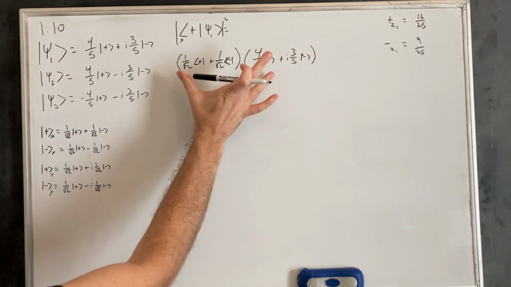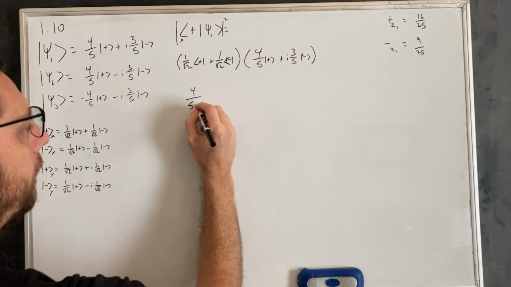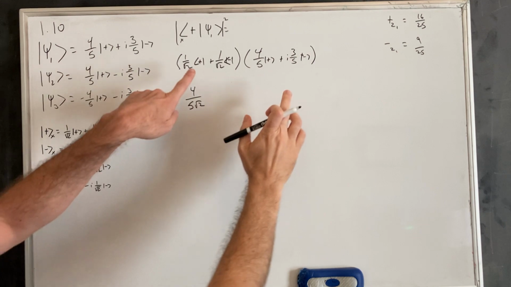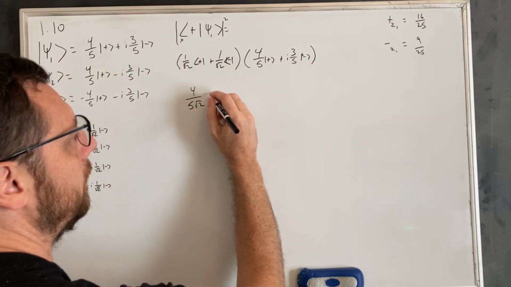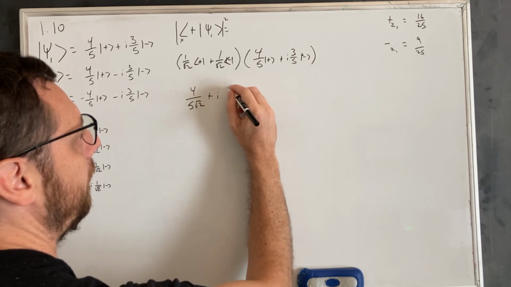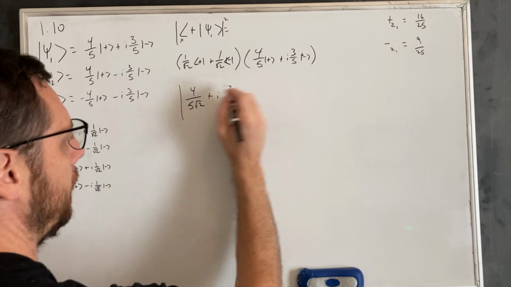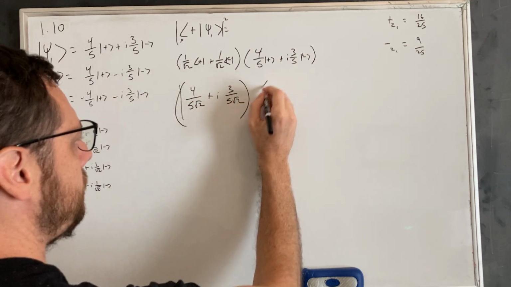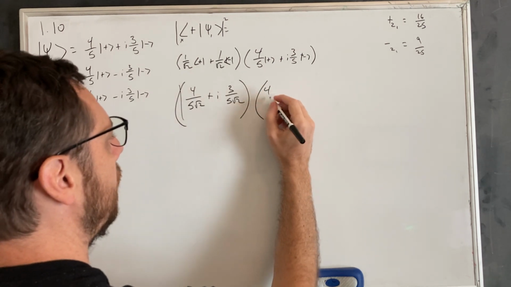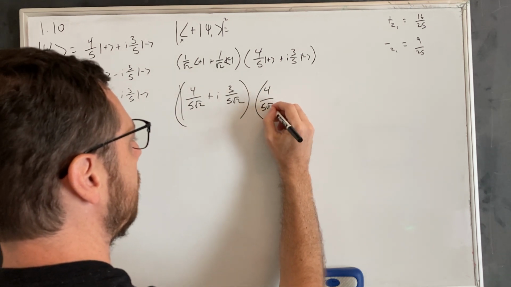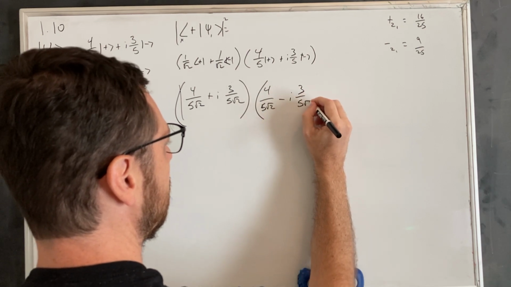All right, so we got a plus and a plus. So let's do 4 over 5 root 2. Plus and minus cancel, minus plus cancel, minus minus we keep. And it's going to be plus i 3 over 5 root 2. Again, we're going to square this, so that's going to be multiplied by its complex conjugate: 4 over 5 root 2 minus i 3 over 5 root 2.